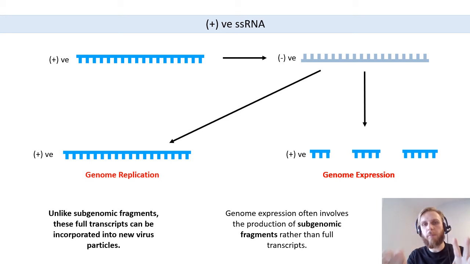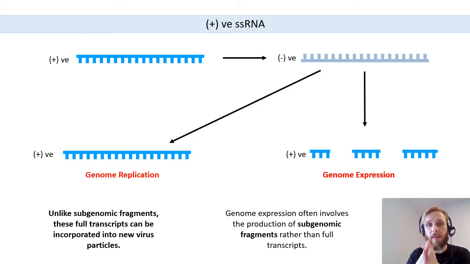However, again, there's a problem with this diagram we're looking at now, and the problem is many positive sense single-stranded RNA viruses, as we can see, express their genome through subgenomic fragments. So they can't just package these subgenomic fragments into a new virus capsid, into a new virus particle, because these subgenomic fragments are not full copies of the genome, they're just partial copies of the genome.